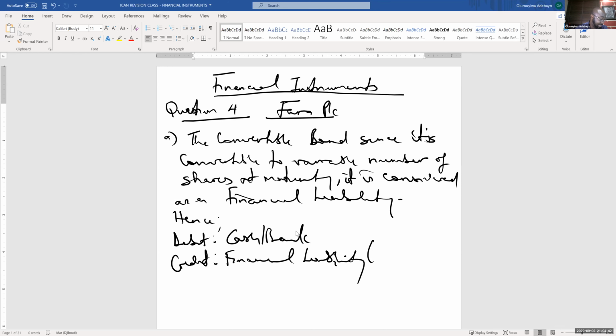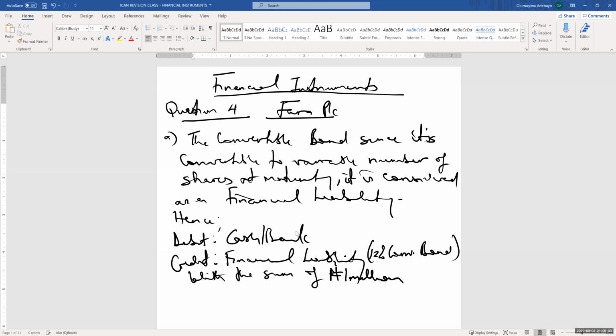That's 12% convertible bond. And we are going to do that by recognizing the sum of how much? 1 million naira. That's just the simple answer based on our understanding of the principle.